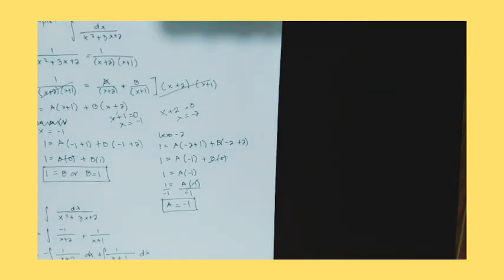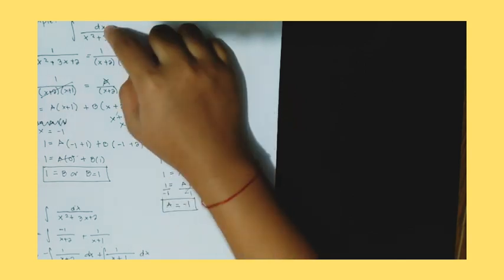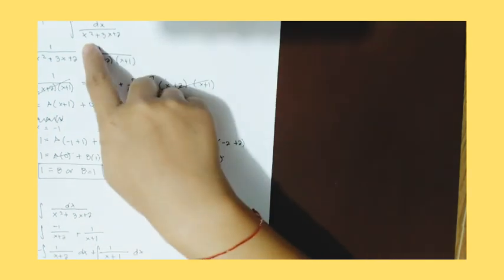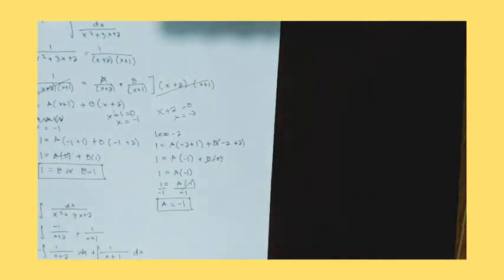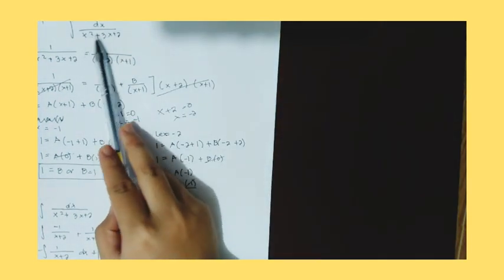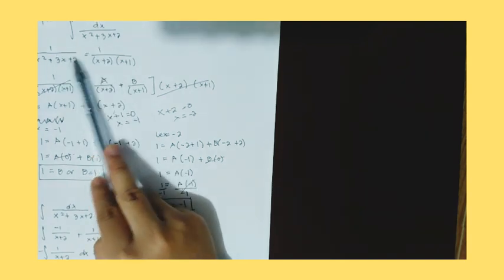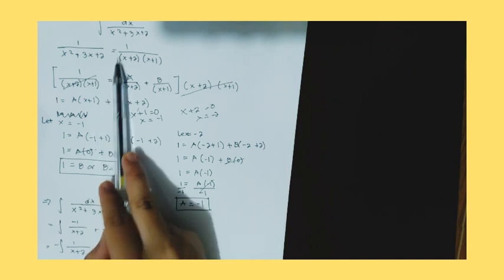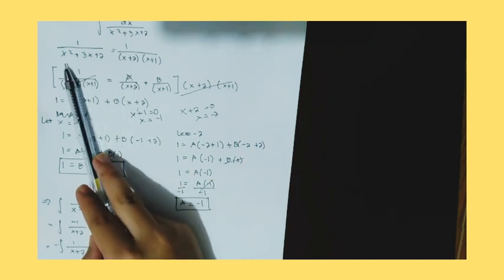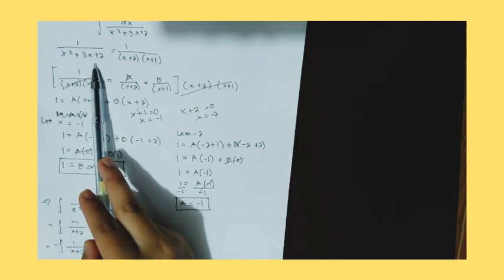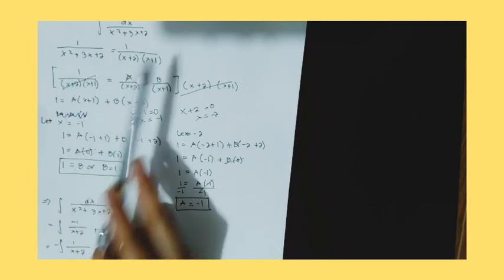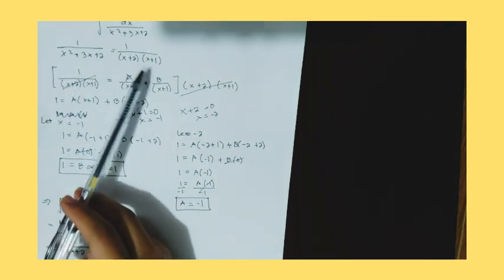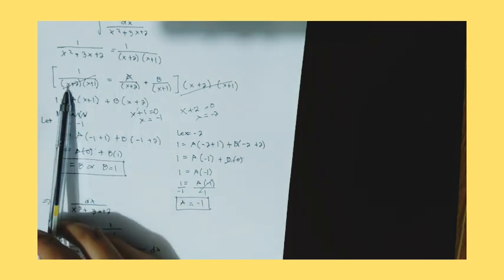Then let us review the example: the integral of dx divided by x squared plus 3x plus 2. The dx is replaced by 1, then we factor x squared plus 3x plus 2, which gives x plus 2 times x plus 1.